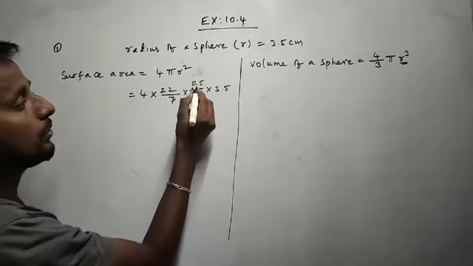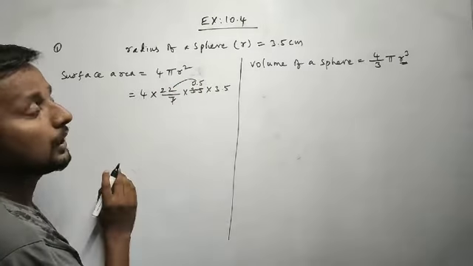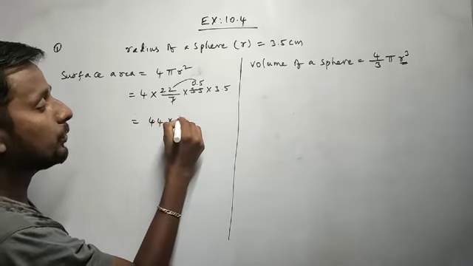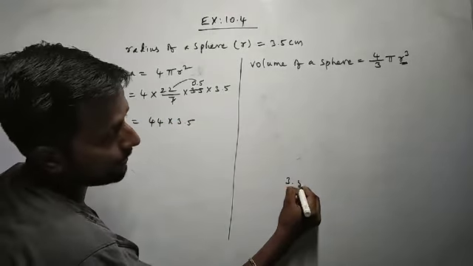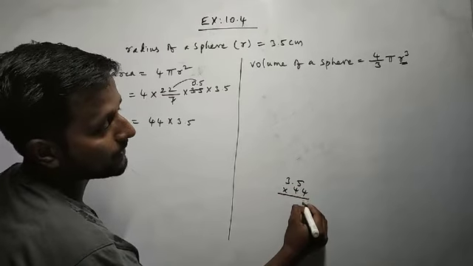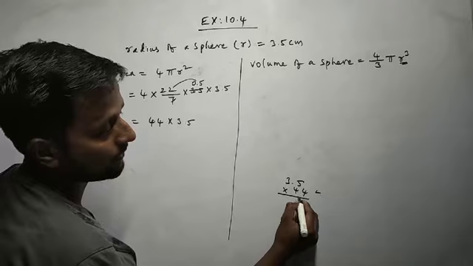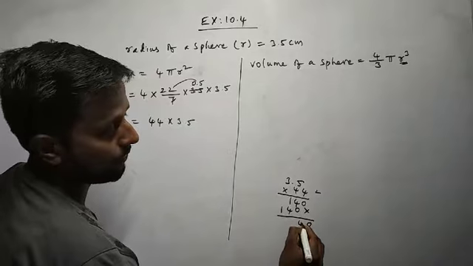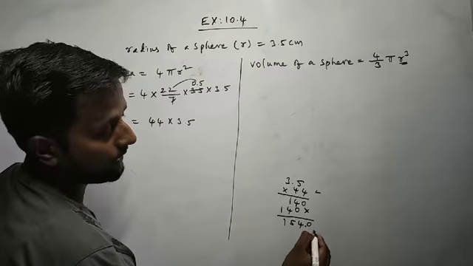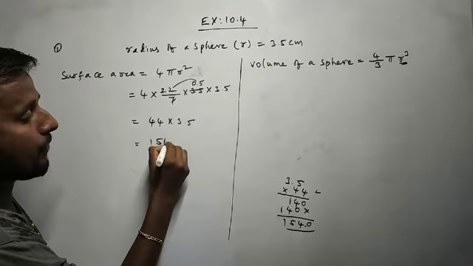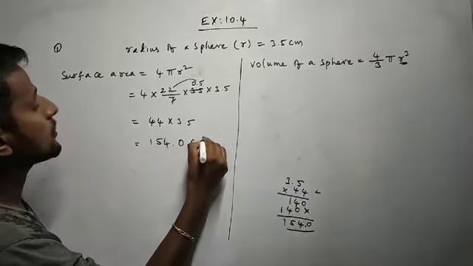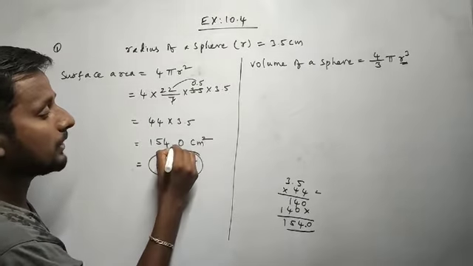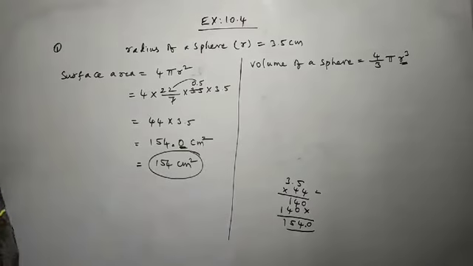If you take 11 into half, 22 into half, we get 11. 11 fours are 44 into 3.5. 4 fives are 20, 2 carry, 12 plus 2, 14. We get 154.0 centimeter square. We simply write 154 centimeter square, because after the decimal we have only 0.